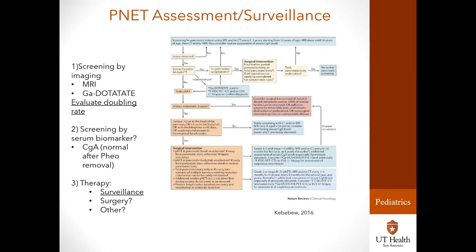How these tumors are assessed currently. The guidelines have been established predominantly for the sporadic forms, and they are based on screening by imaging, using MRI or gallium dotatate to establish the doubling rate of the tumors. And when possible, these tumors can also be screened by serum biomarkers such as chromogranin.